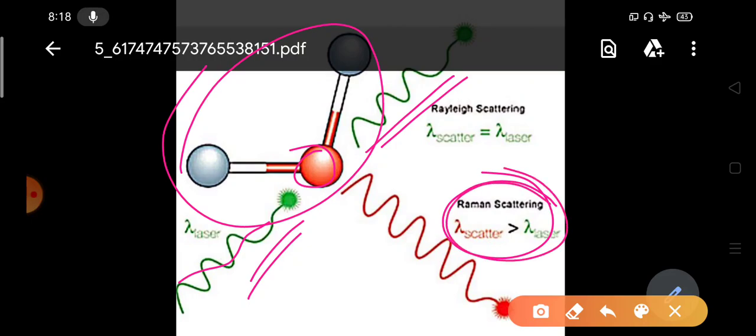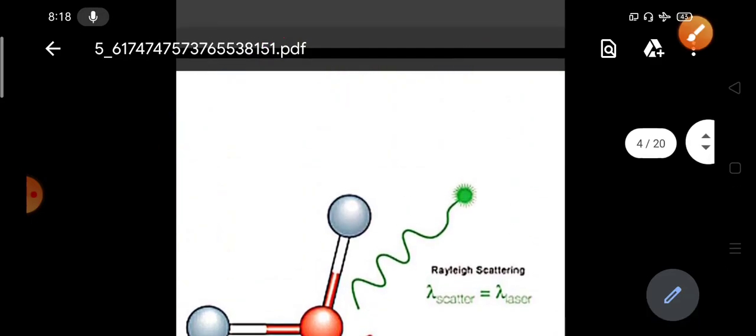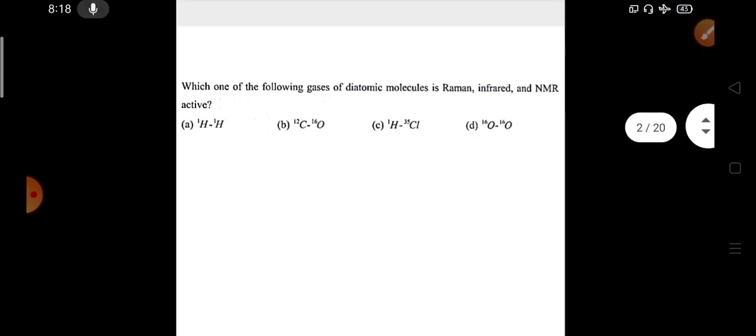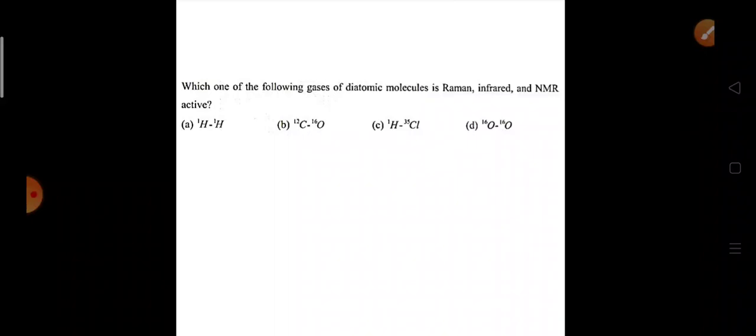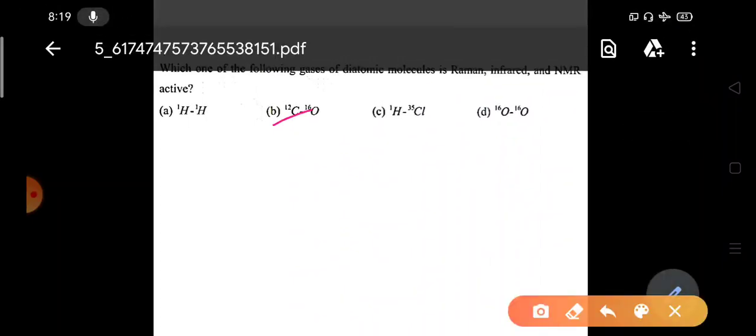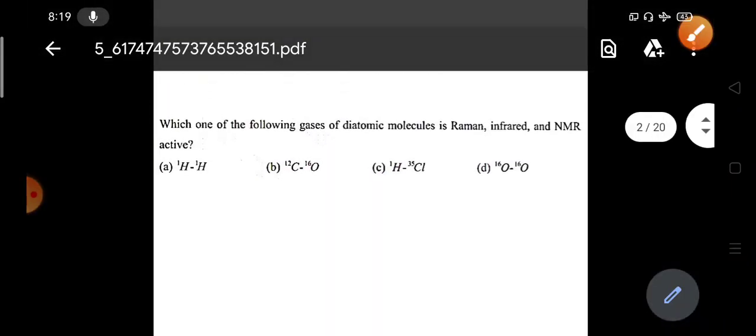This scattered light, where lambda varies from the incident lambda, is called the Raman scattering. And for the Raman scattering we need a change in the polarization. We don't need any permanent dipole moment or any change in the induced dipole moment; rather we want a change in the polarization, and these two options can also be Raman active for certain modes.